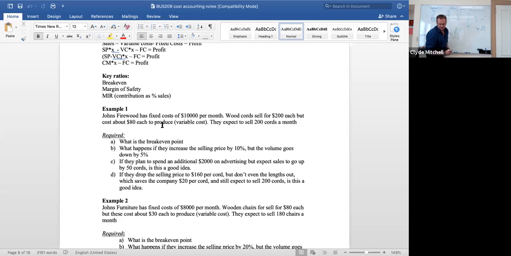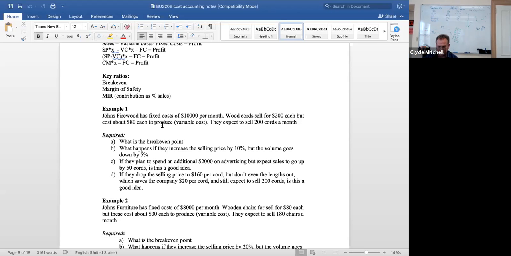The next thing they ask us is if we spend an additional $2,000 on advertising, and this is expected to sell an extra 50 units, is this a good idea? And then finally they say if they drop the selling price to $160 a cord, but they don't even out the lengths, which saves them $20 in variable costs, and they still sell the same number, is this a good idea?